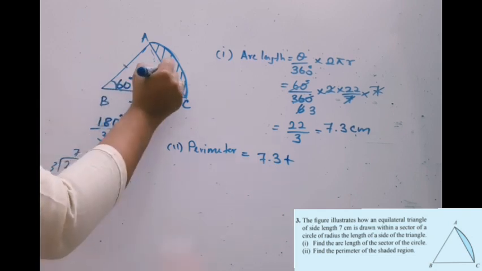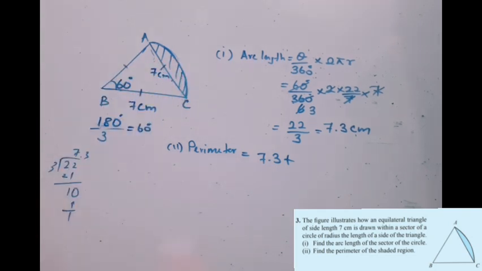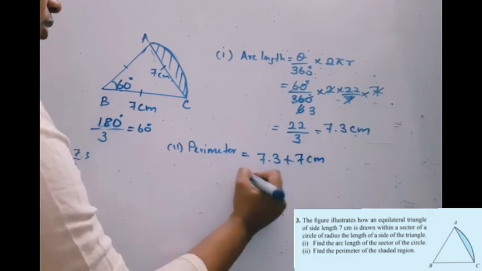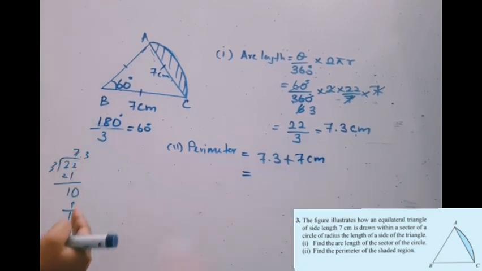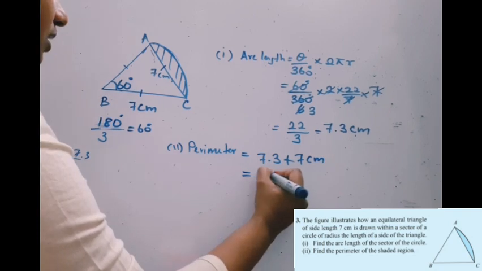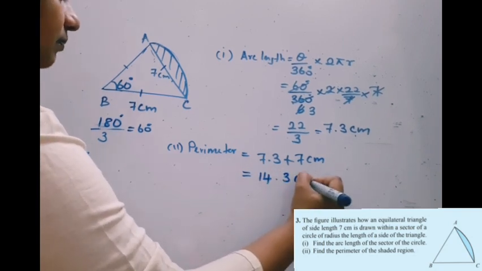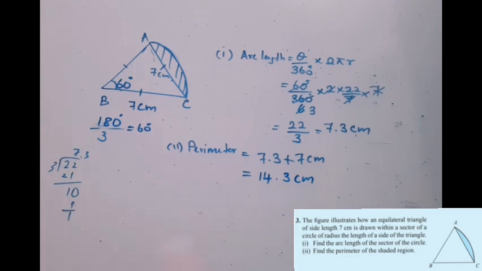So you can mark this length as 7 centimeters. The equilateral triangle is a very important data you need to consider to complete this sum. So the answer is 14.3 centimeters.